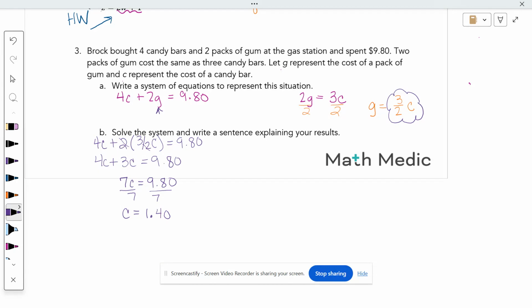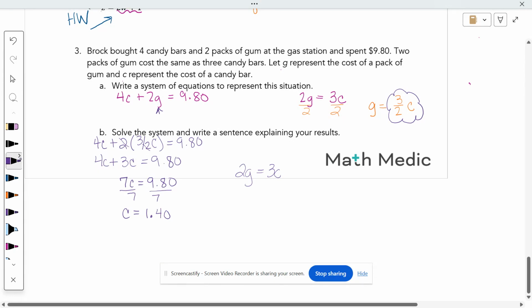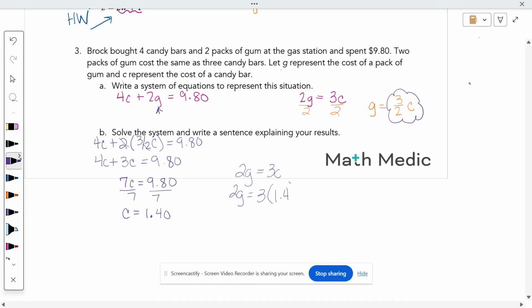So now we're going to take that $1.40, the cost of a candy bar, and plug that into 2G equals 3C and solve for a pack of gum. So 2 times the cost of a pack of gum equals 3 times the cost of 1 candy bar. 2 times the cost of a pack of gum equals $4.20.